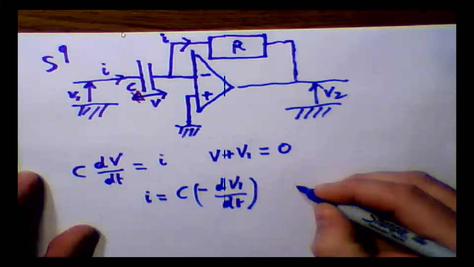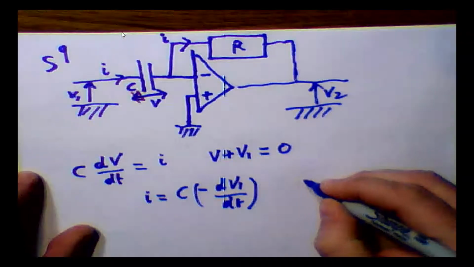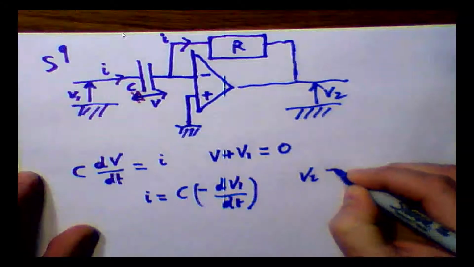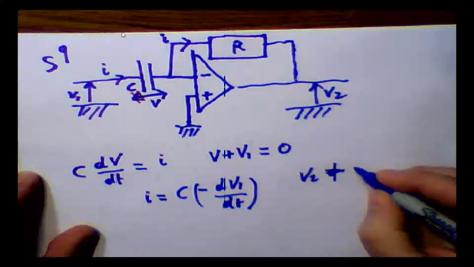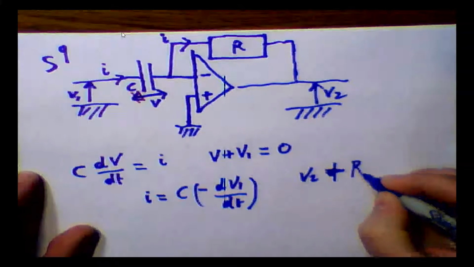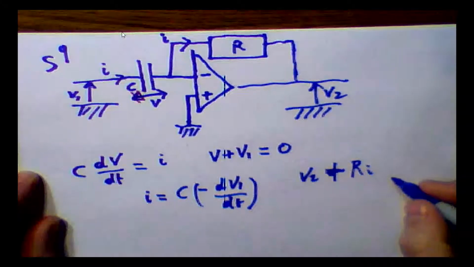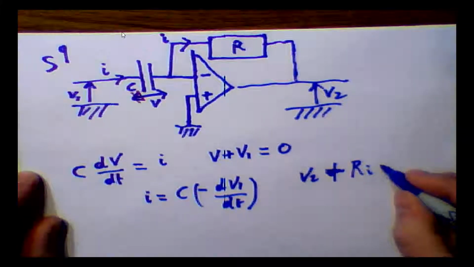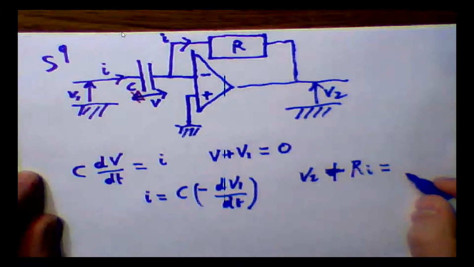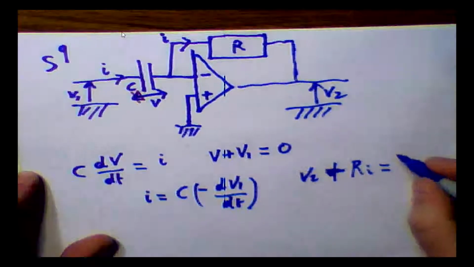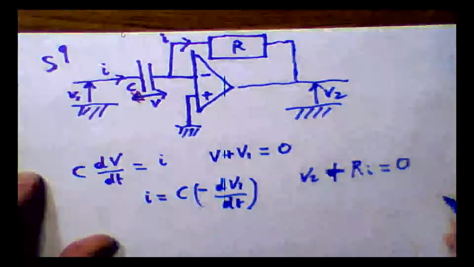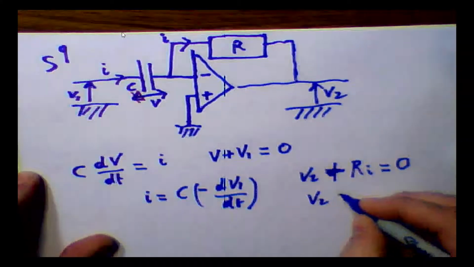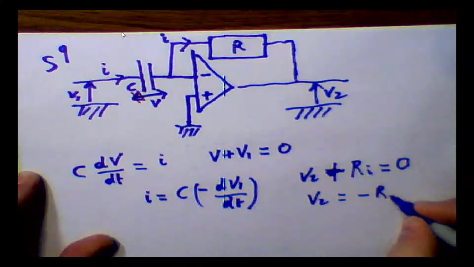Therefore, we can write that V2 plus R times I must be equal to 0 because of that circuit. Therefore, V2 is equal to minus R times I.